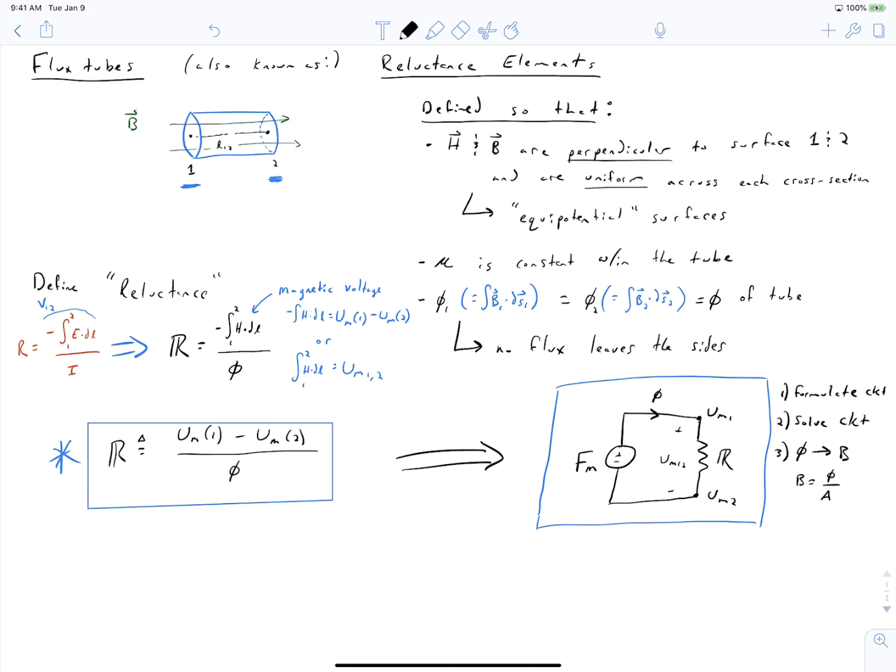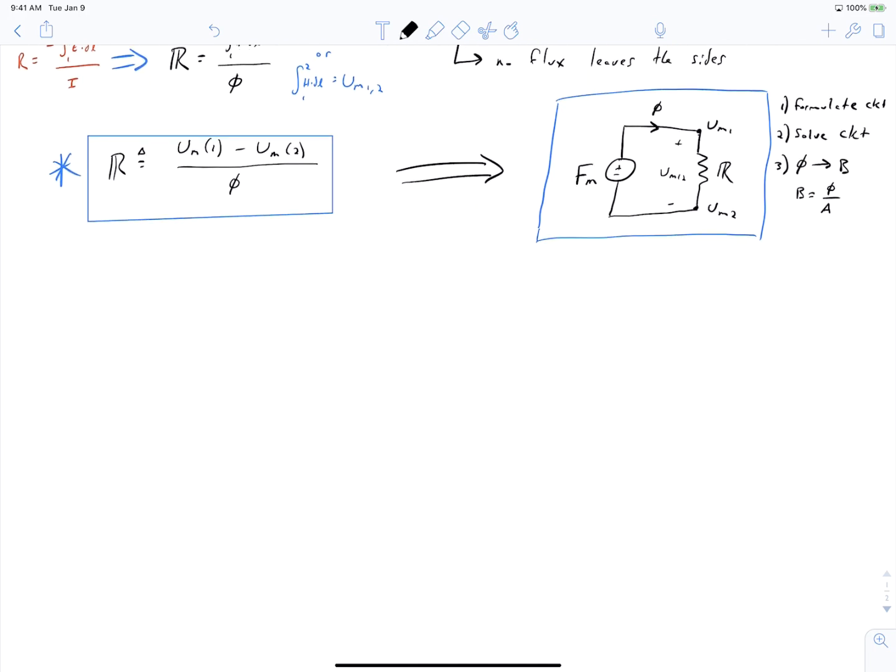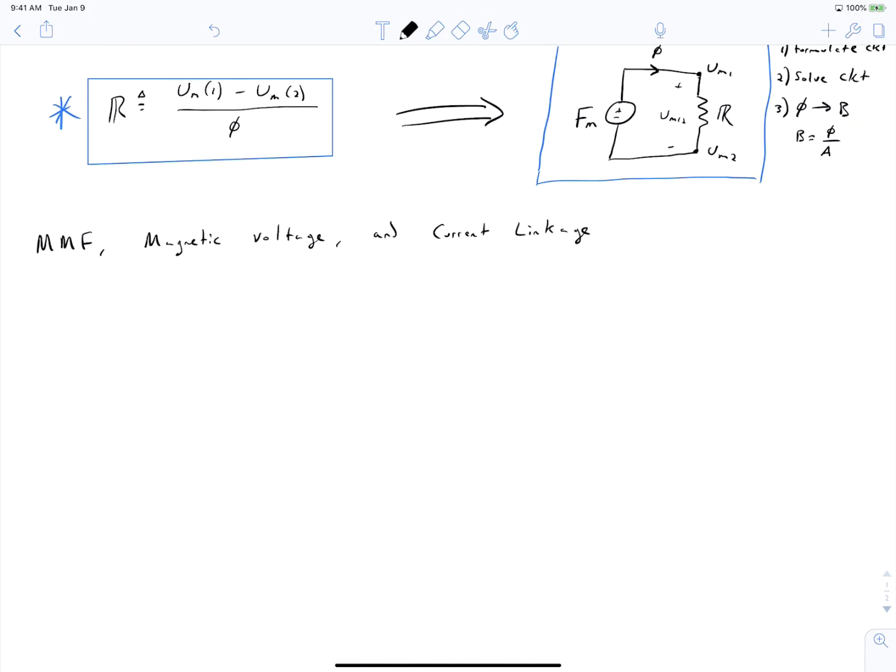Okay. Let's take a step back now and talk about MMF, magnetic voltage, and current linkage. These are terms that you will see throughout your study of electric machine design. They can be somewhat ambiguous, so it is nice to have a clear definition before you immerse yourself in this world. So we've previously said that MMF is equal to the closed loop integral of H dot dl.